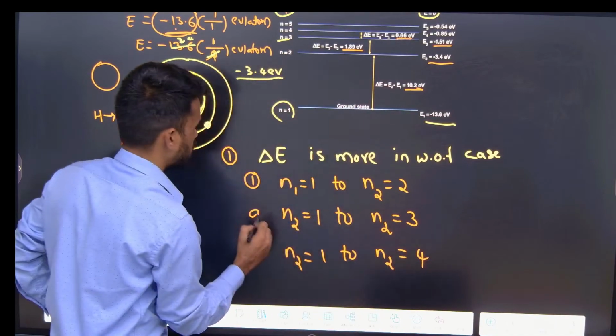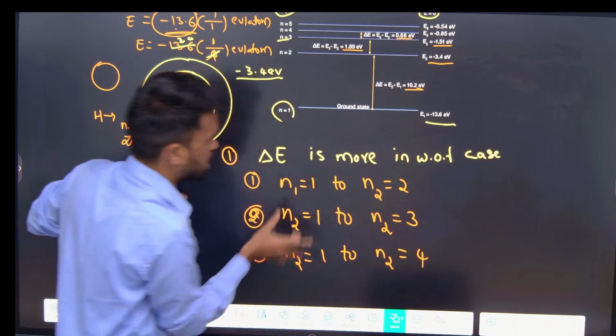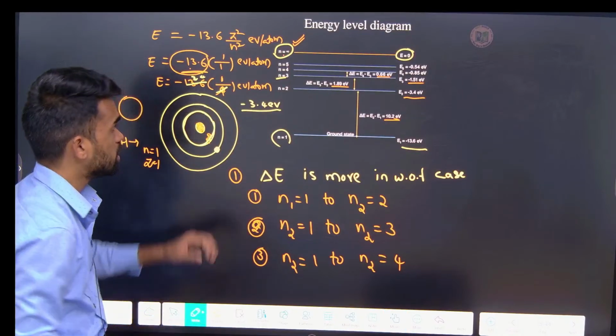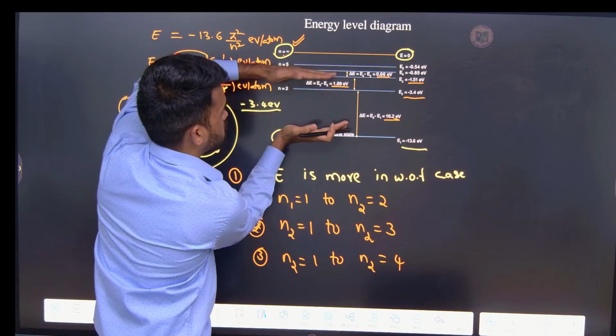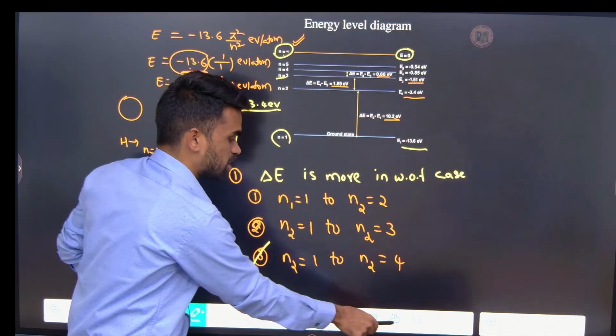Tell me, A, B, C, let us say 2, 3. So where do you see the greater energy difference? The first one. Do you get what I am saying? See, here this much energy difference, here this much, here this much. So let us keep this question aside.